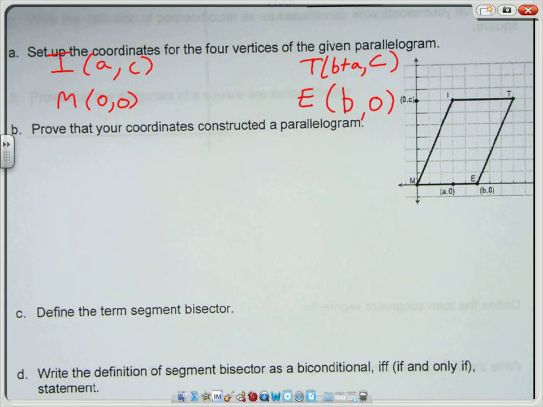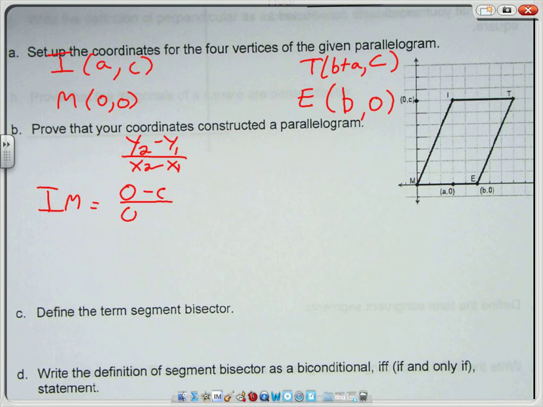We know the slope formula is y2 minus y1 over x2 minus x1, or we can look at our graph. Let's find the slope between I and M first. Let's look at the y values: 0 minus C. Now the x values: 0 minus A. What's 0 minus C?